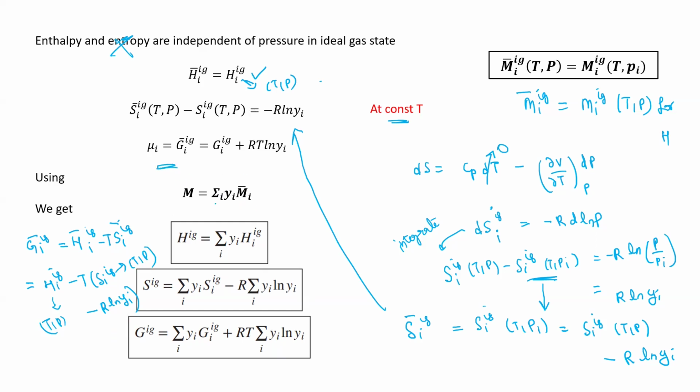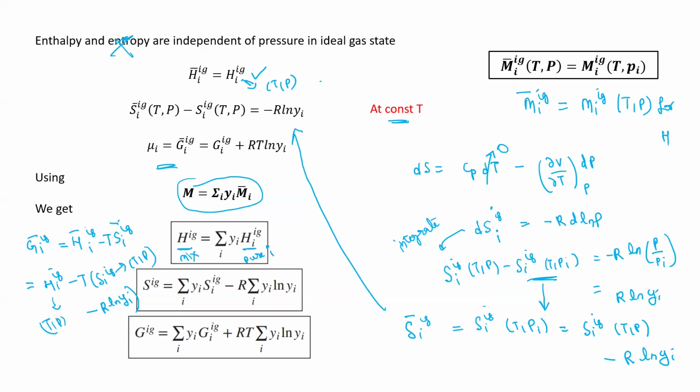So later we have discussed this already. It's a summation of things. For the volume also we have done. So as a result we get H of, this is the property of the mixture and this is the property of the pure species. So we don't know what is M_i bar in a mixture.